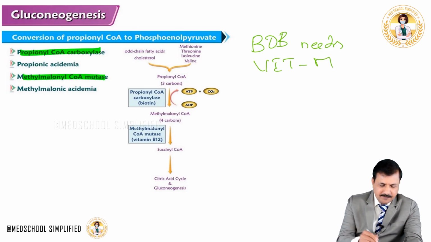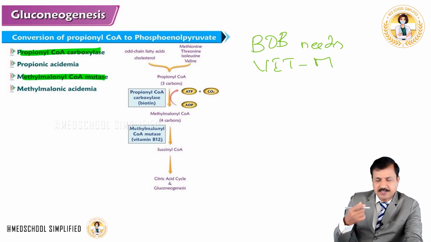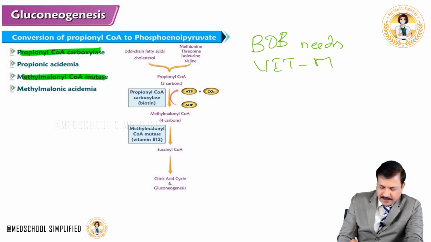Okay, let me write it down. So what I explained here is the succinyl-CoA, the arrow that is shown here is the expansion of the arrow that I am writing separately.